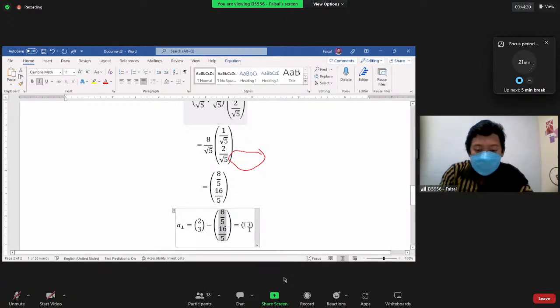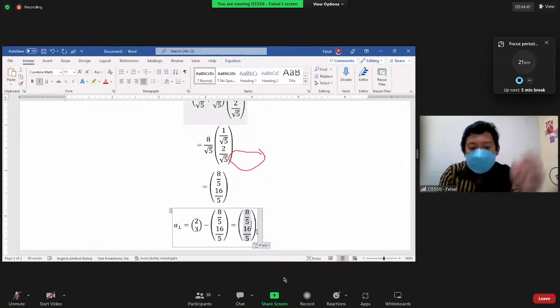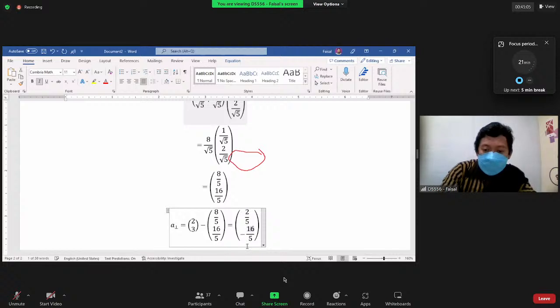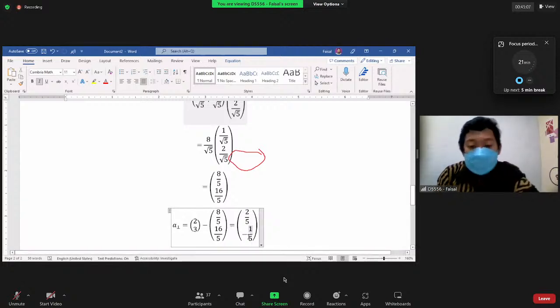The first component is 2 minus 8/5, which is (10 minus 8)/5, so 2/5. The second is 3 times 5, 15, minus 16, so minus 1/5. Okay, this is the rejection.